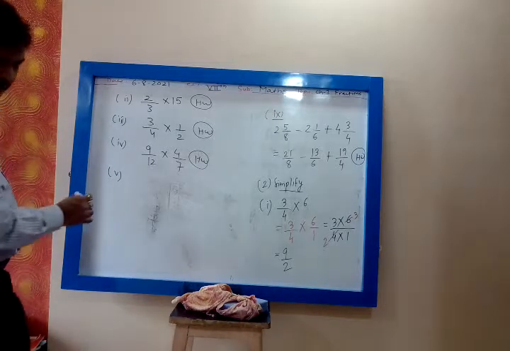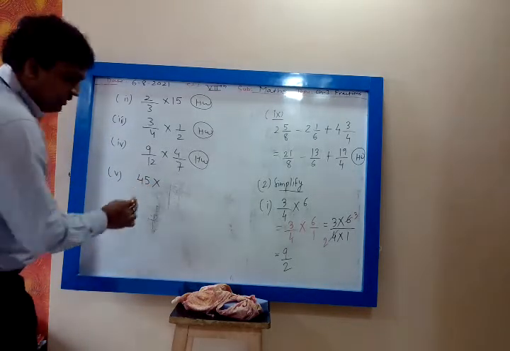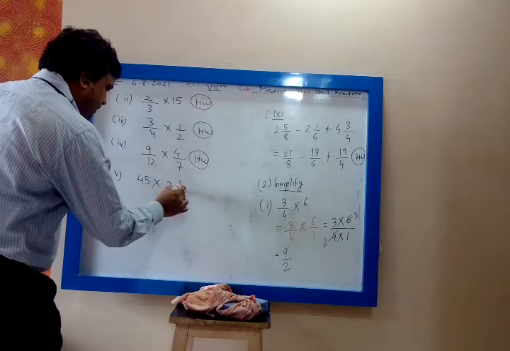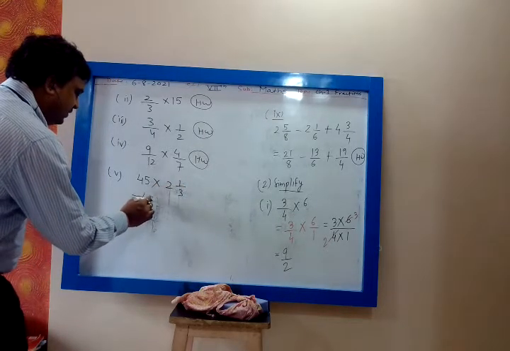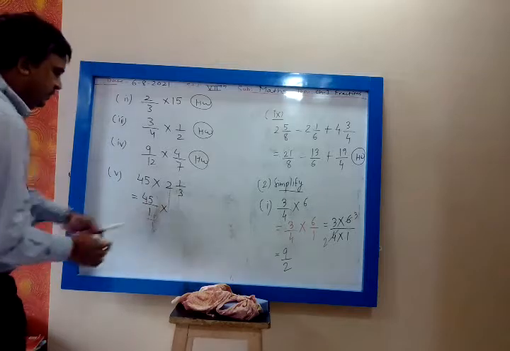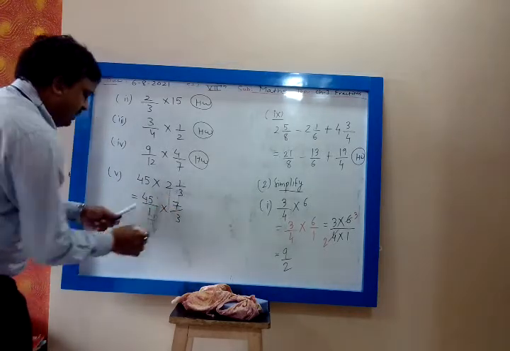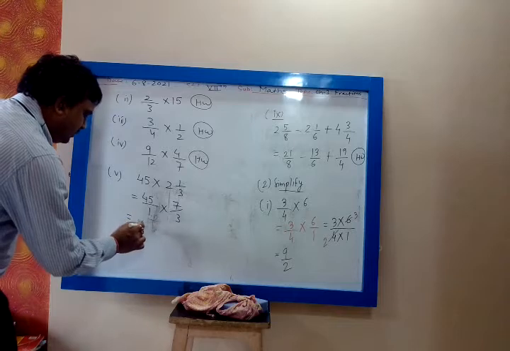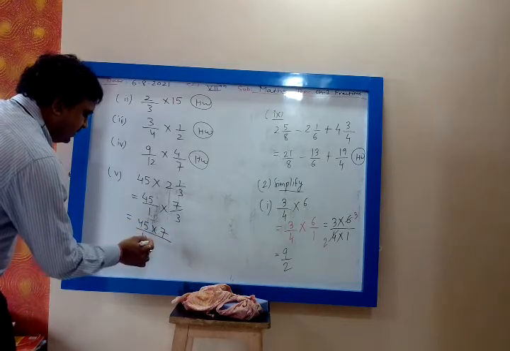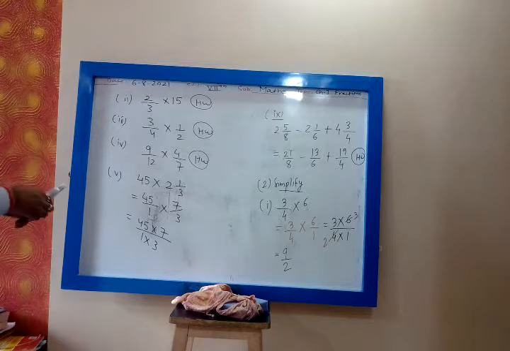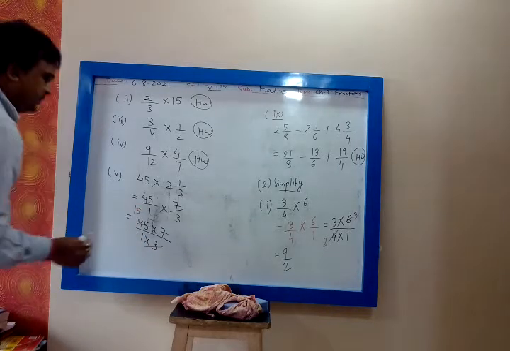Then fifth one. 45 into 2 is to 1 by 3. So this you will write 45 upon 1, into 3 2s are 6, 7 by 3. Multiply numerator to numerator, 45 into 7 upon 1 into 3. Then 45 you can cancel. 3 15s are 45.